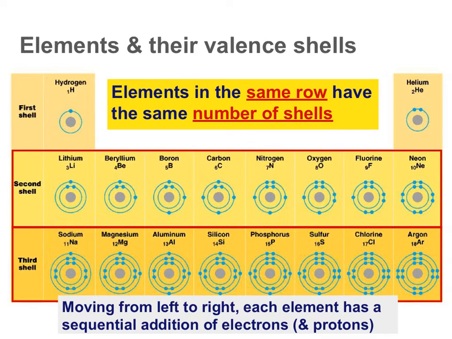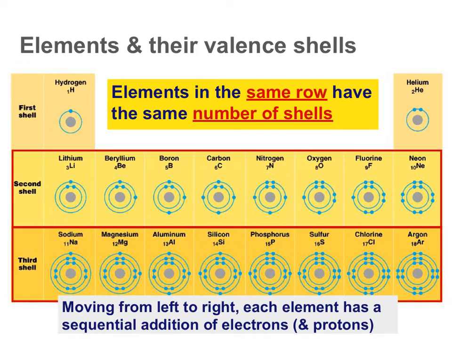Just to put this in some context of the periodic chart and how atoms of elements are organized into it, the elements in the same row are going to have the same number of shells. So this has 2 shells. The inner shell, of course, has only 2 electrons in it, and then the outer shell is going to begin to fill up.